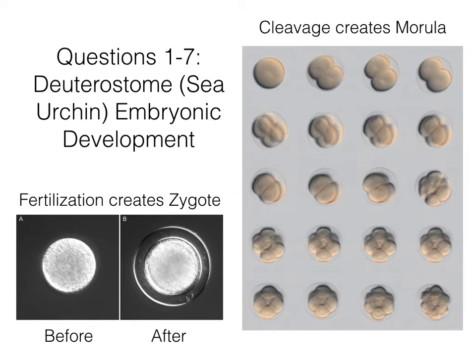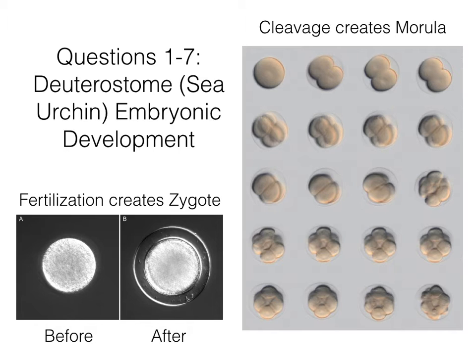A lot of deuterostomes have their embryos develop inside of a body, like in people, or inside of an egg where you can't really see what's going on. So a lot of the research that's been done on embryonic development has been done in sea urchins. So those are the examples on your worksheet. Those are the examples in your book, and that's what's shown on these slides as well.